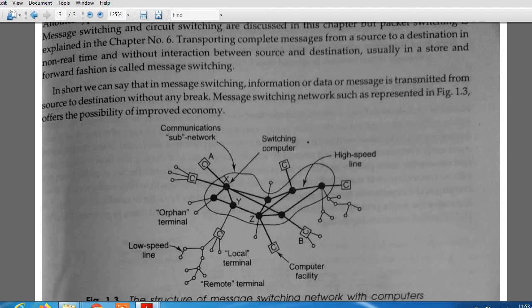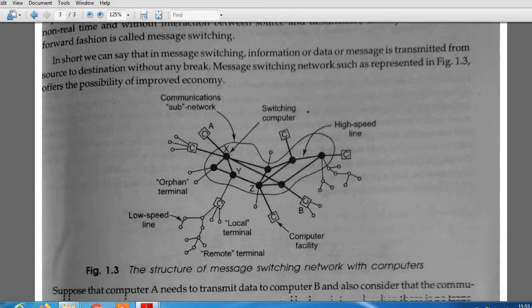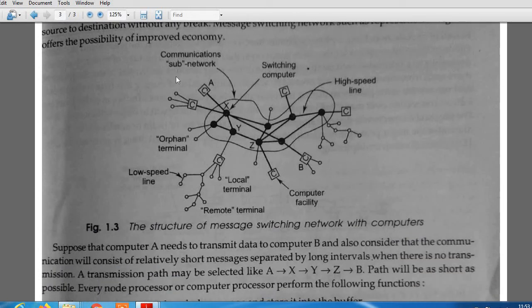Suppose computer A wants to send its data to computer B. What is its first step? It will select the shortest route. Here the shortest route is selected as A to X, X to Y, Y to Z, Z to B.